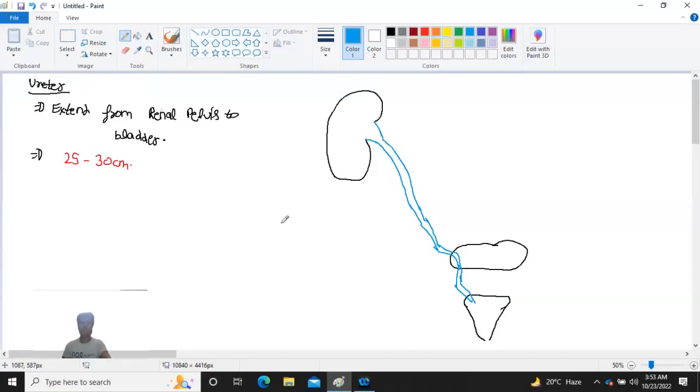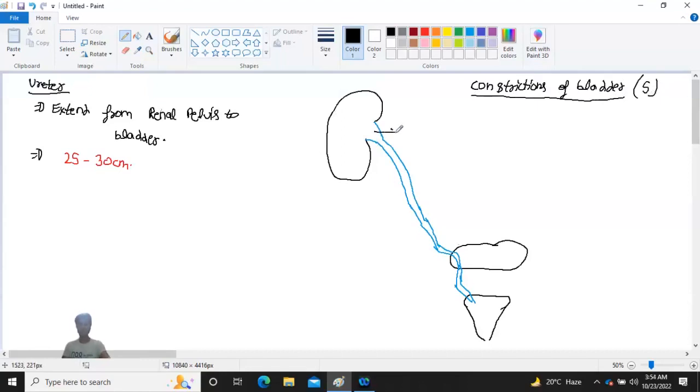So constrictions form in the ureter. There are five constrictions.